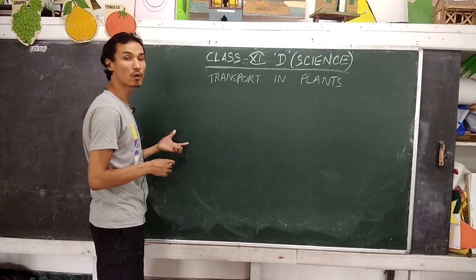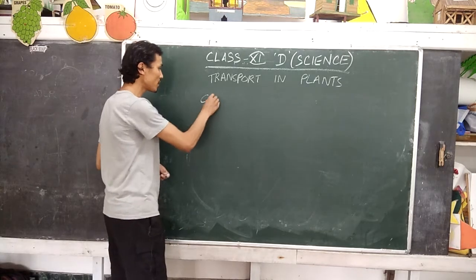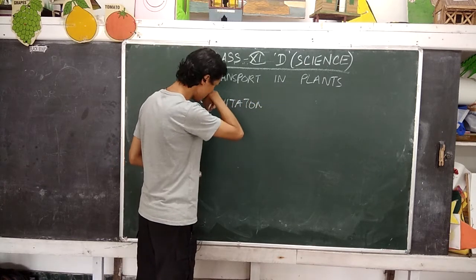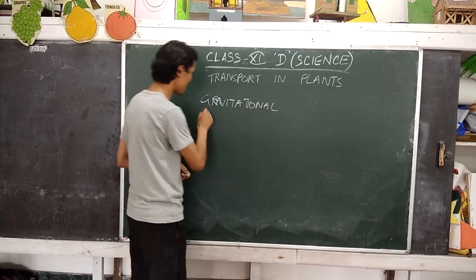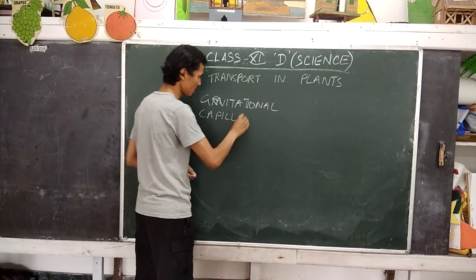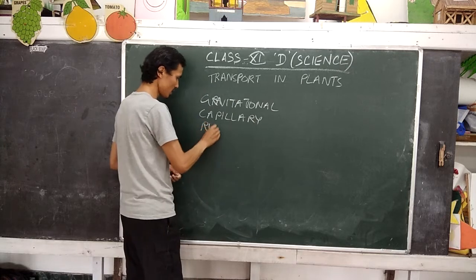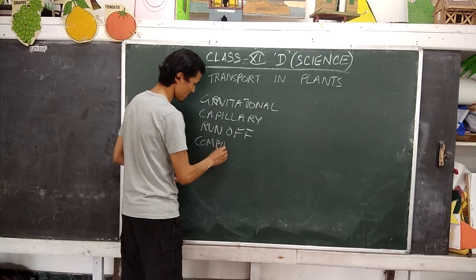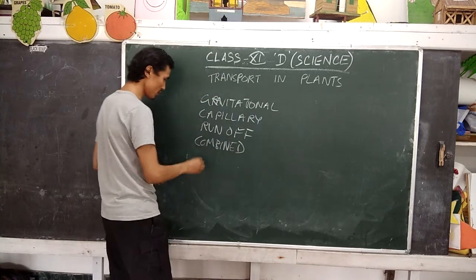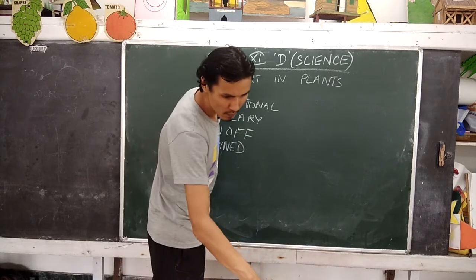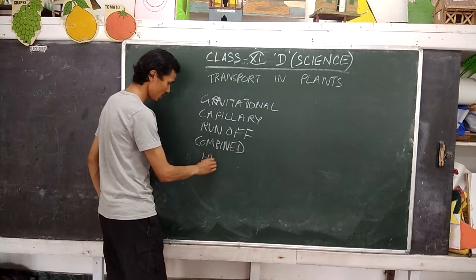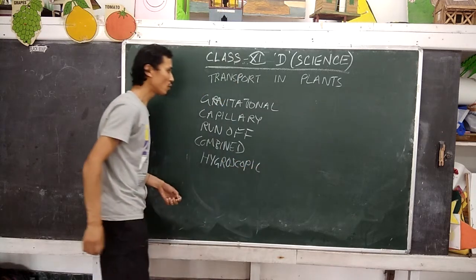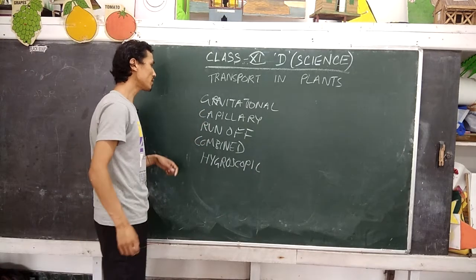So, generally, when we're talking about water in the soil, it can be gravitational water, capillary water, runoff water, combined water, and hygroscopic water.